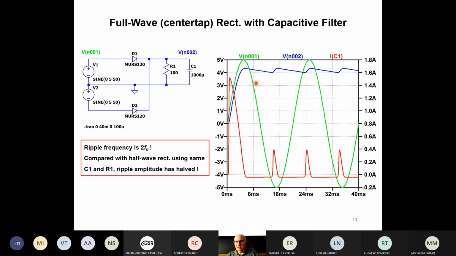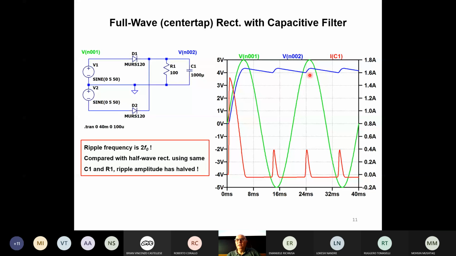Also, it's interesting to see that the peaks of the current, these are the peak currents in the capacitor, are induced here in this part, when the capacitor is starting to follow the input voltage. You see here?